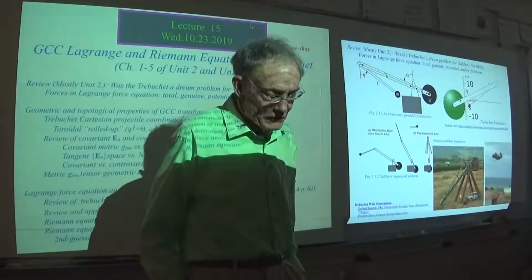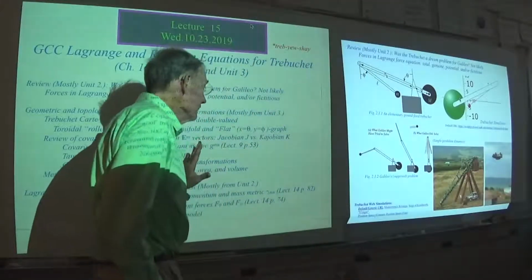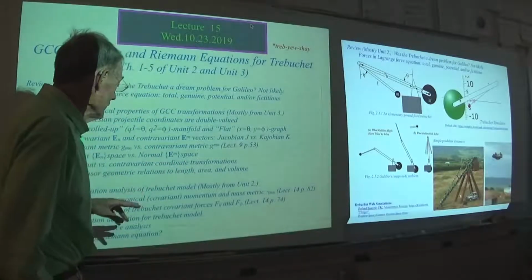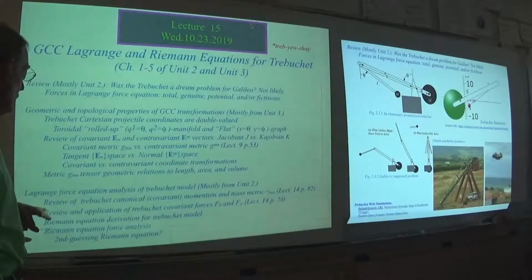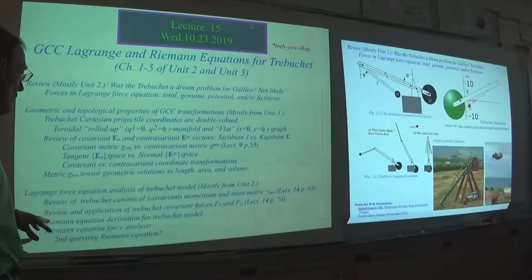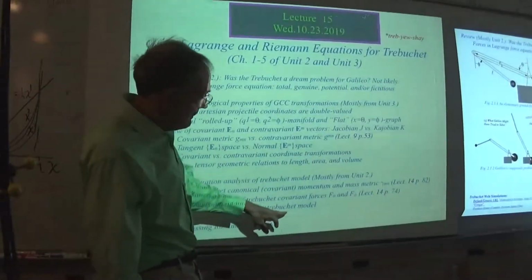And I want to talk about one more kind of equation that is the last on the list on the wall over there, and that is the one that involves the Riemann equation.